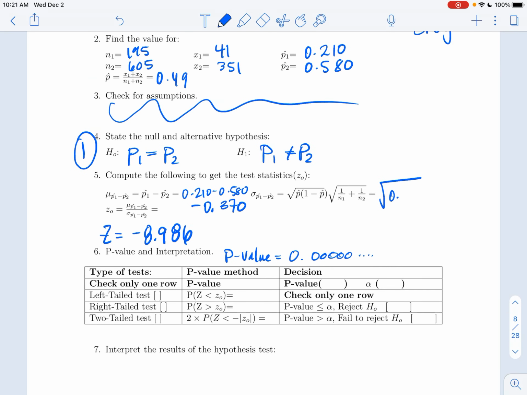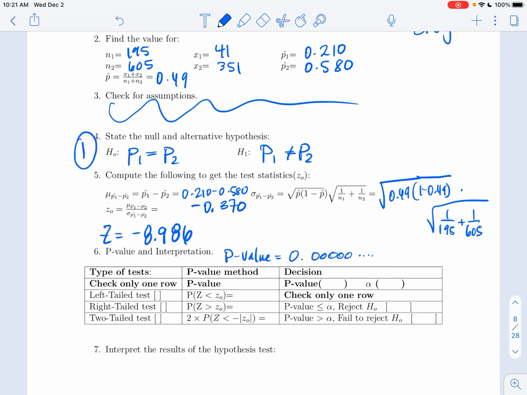So let's do 0.49 times 1 minus 0.49 times the square root, I'm going to put it down here, of 1 over 195 plus 1 over 605. So let me put that in the calculator. 0.49 times 1 minus 0.49.